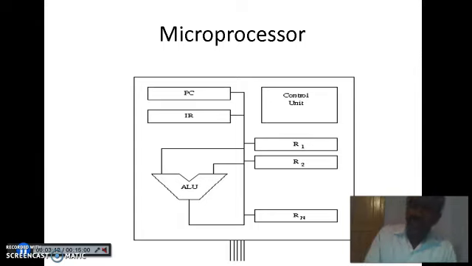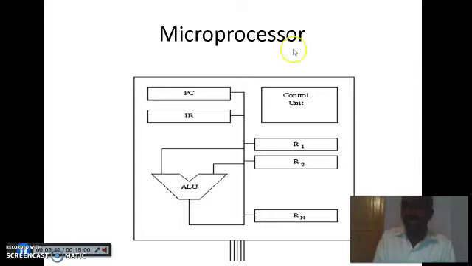Next, registers. R1, R2 and Rn indicate the registers. It is the internal storage device, also called internal memory.